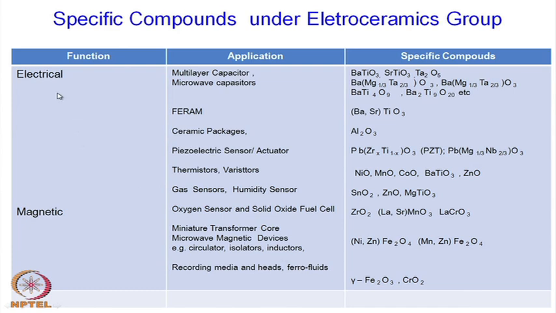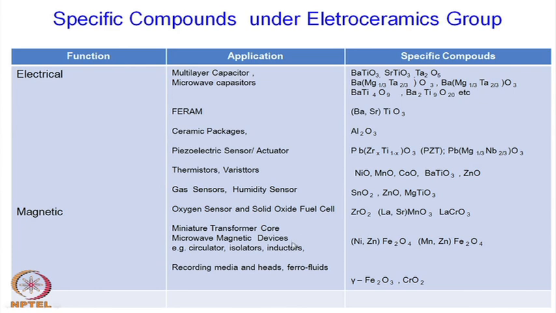In addition to the electrical properties, you have a host of magnetic properties or magnetic materials. They are primarily used for miniature transformer cores. In fact, with the use of ceramic magnets, the size of the transformers has come down by many fold compared to the so-called transformer cores made of iron silicon alloys.